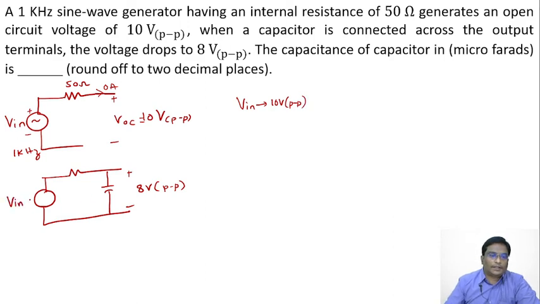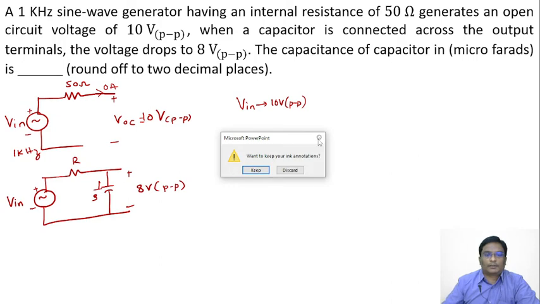When this is Vin, this is R, and this is the capacitor, 1 by Cs.